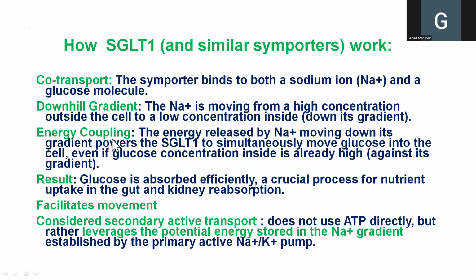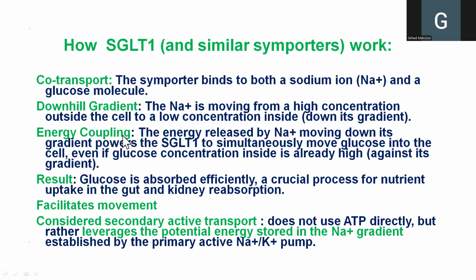And then the third characteristic, which is very important and which we have talked about in case of the mitochondria and the chloroplast, is that we have a kind of energy coupling here. This means that we take the energy from one source and we pump it into another source.